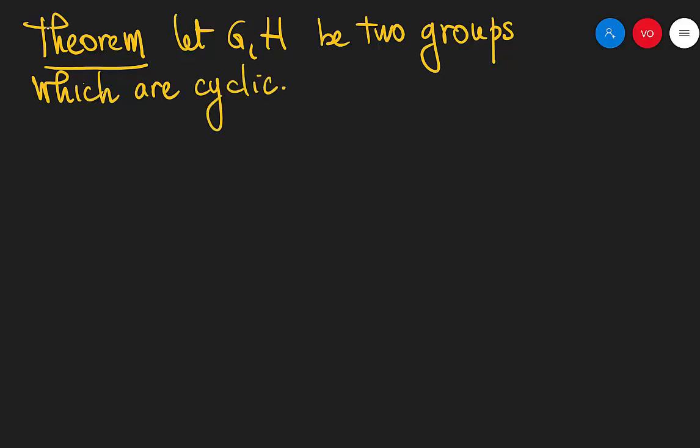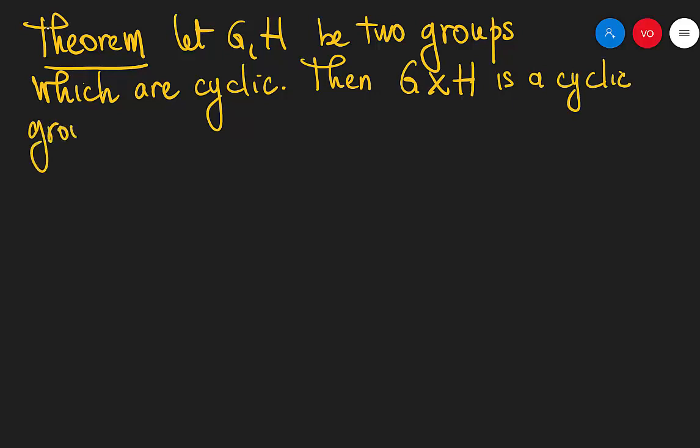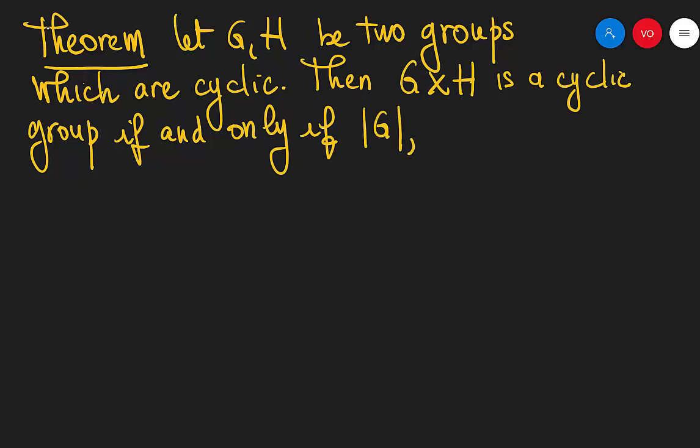Then G Cartesian product H is a cyclic group itself if and only if the order of G and the order of H are relatively prime.